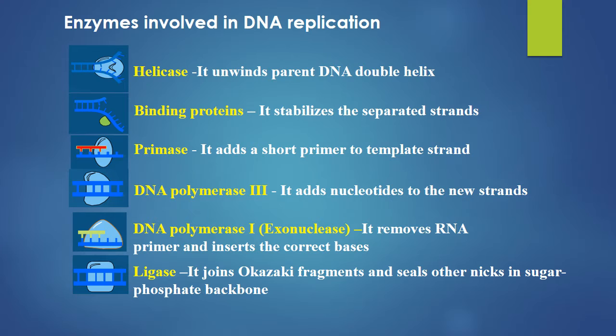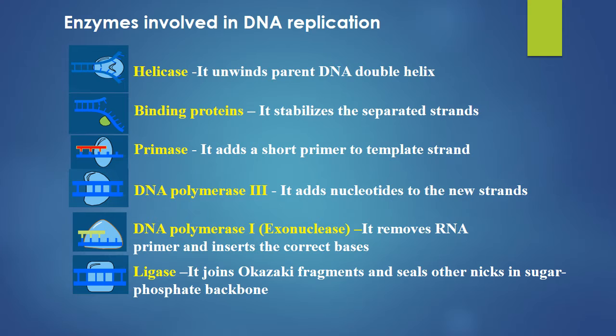The primase adds an RNA primer, and then the DNA polymerase 3 adds DNA nucleotides to the RNA primer. And then once that process is complete, the DNA polymerase 1 removes the RNA primers and inserts the DNA nucleotides to form a complete DNA strand.